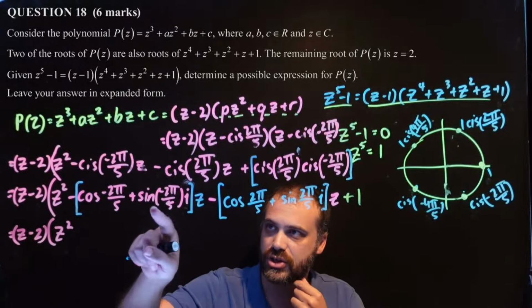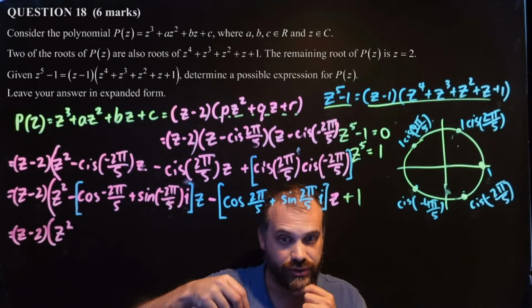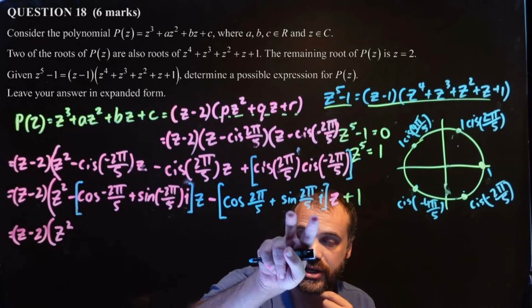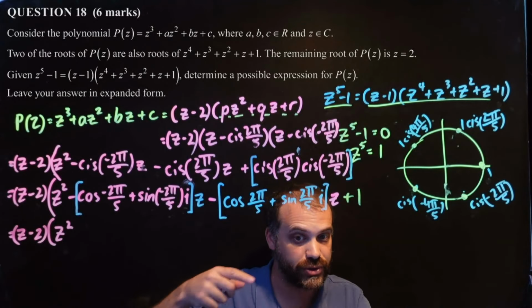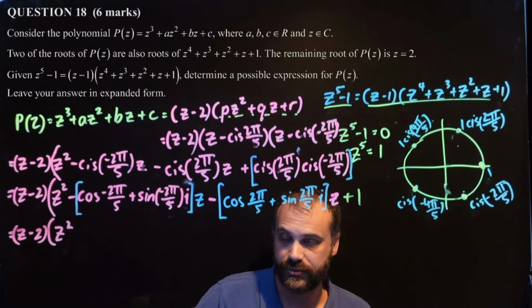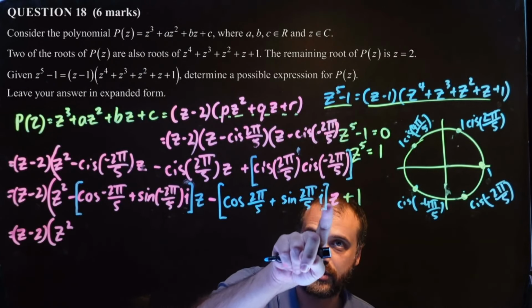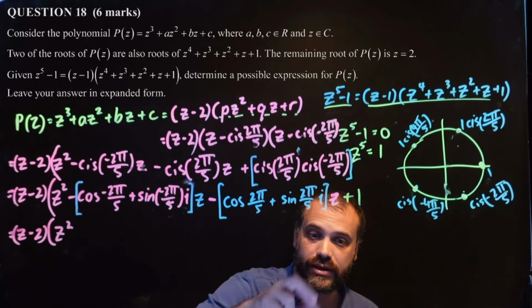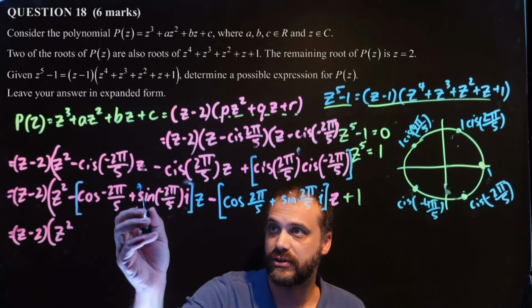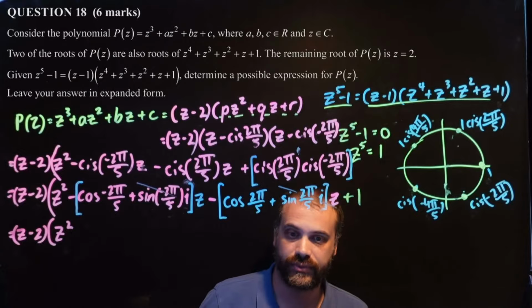But this is sine in the 4th quadrant, which is a negative value. This is sine in the 1st quadrant, which is a positive value. These are going to cancel each other out because I've got sine something iz, I've got sine something iz. One of them's positive, one of them's negative. They are going to cancel each other out. Done and done.